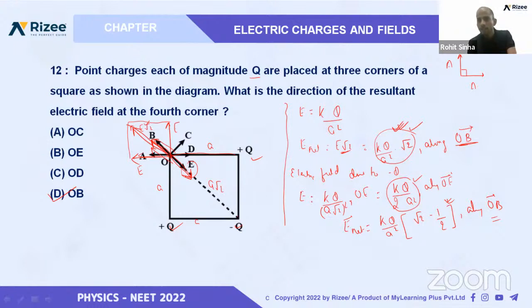So directly we remember, whenever there are two equal vectors at 90 degrees, their resultant will always be A root 2.